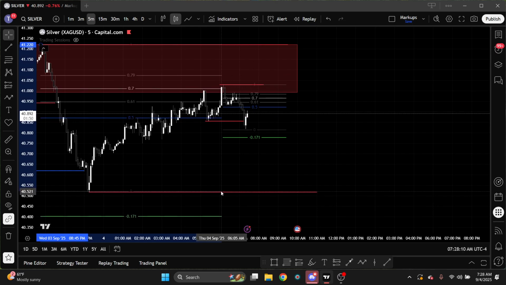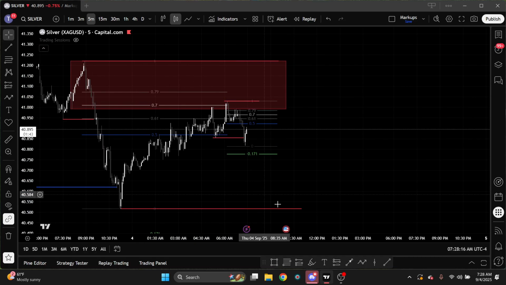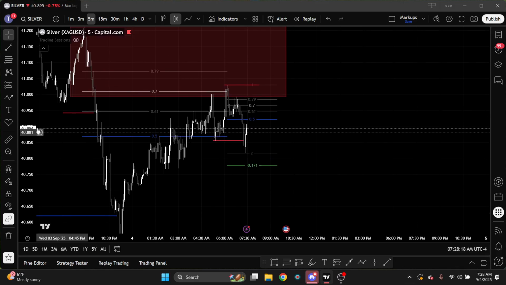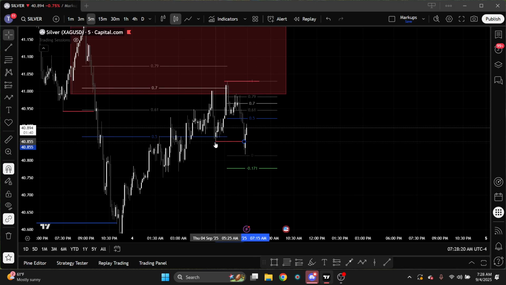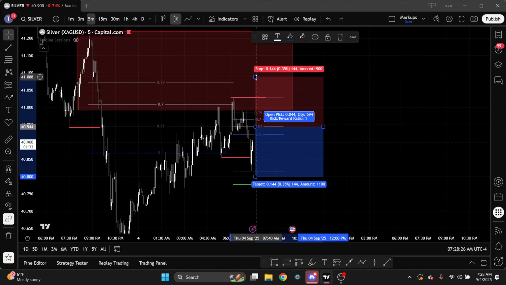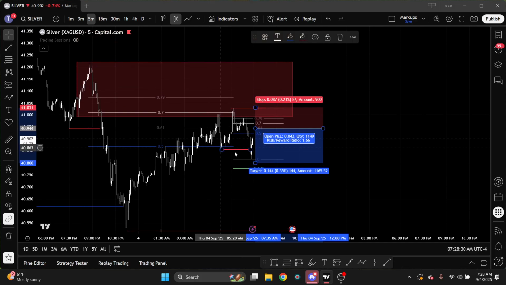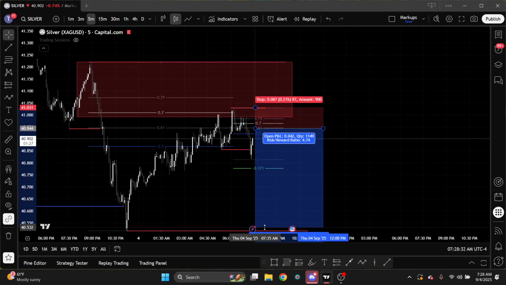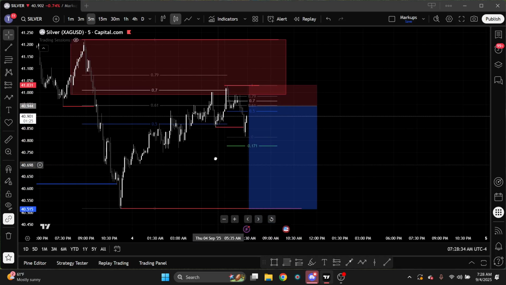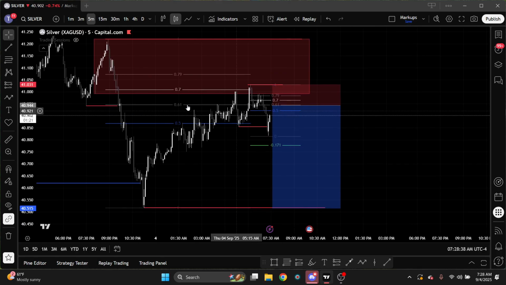So we got that tap. Alright, so either I go ahead and make this play where I play the sniper entry. The sniper entry will look something like this. You know, I could play the sniper entry like that.